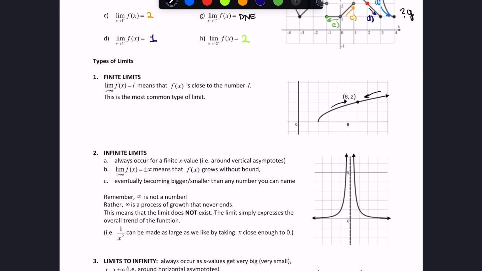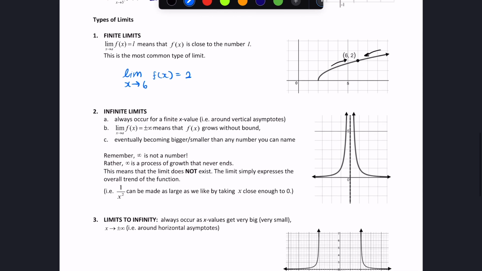So we can write this as the limit as x approaches 6 of f of x is equal to 2. However, that's not always the situation, and there are other types of limits that we'll look at right now.